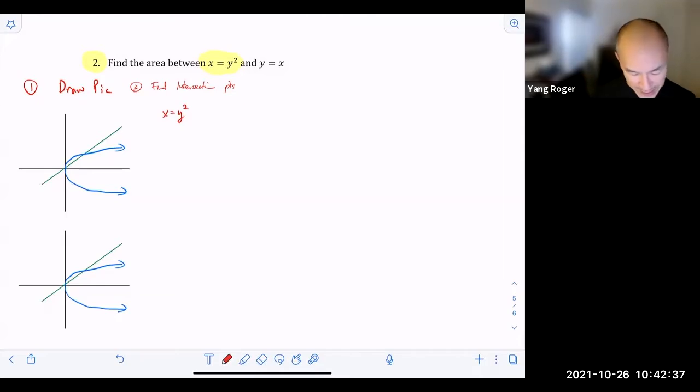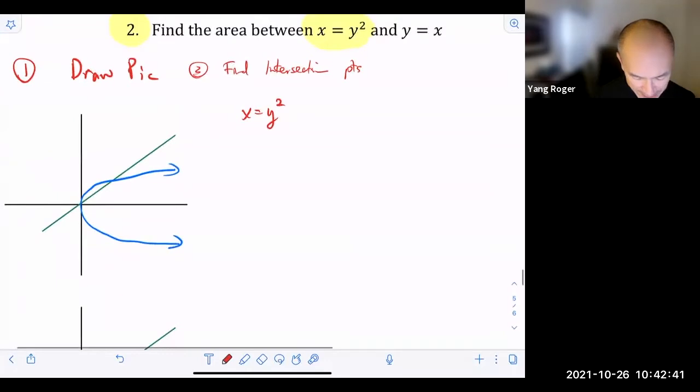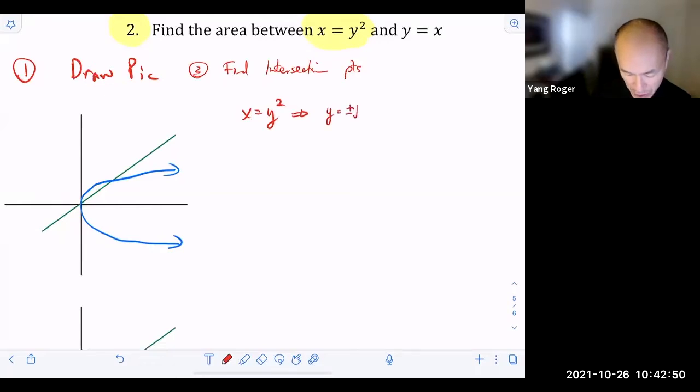So what I can do is take the square root of both sides. This would give me y is equal to plus or minus square root of x.